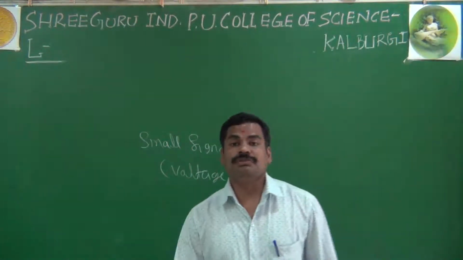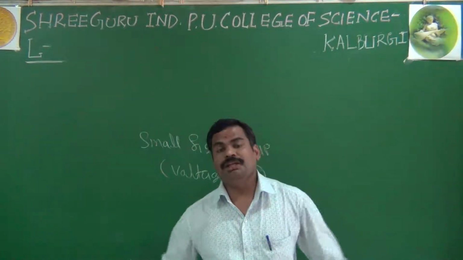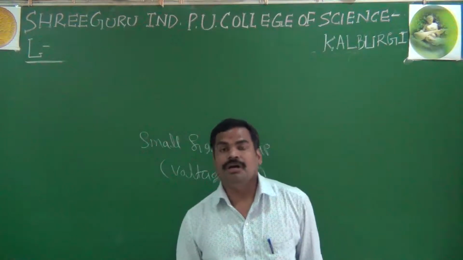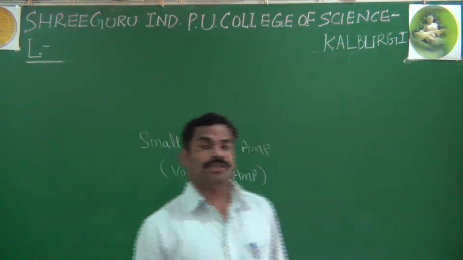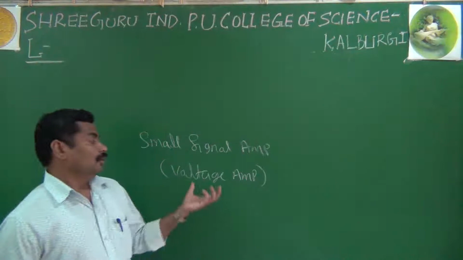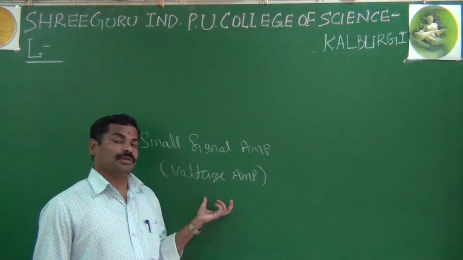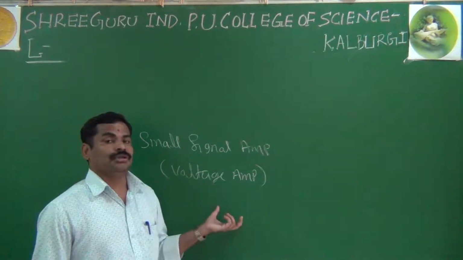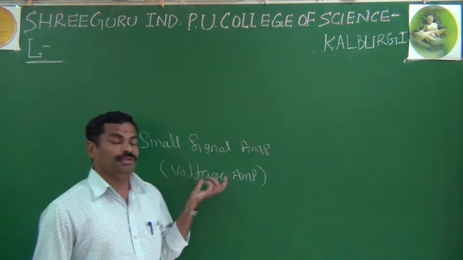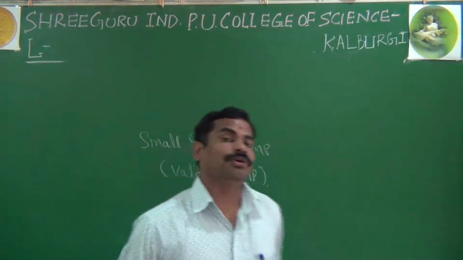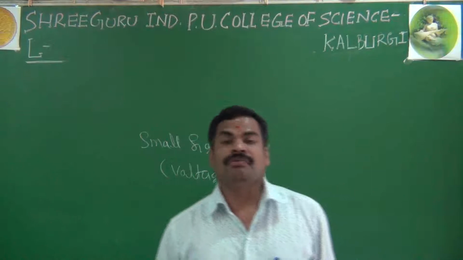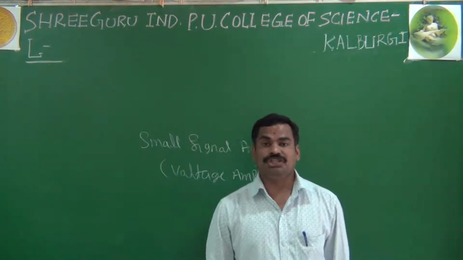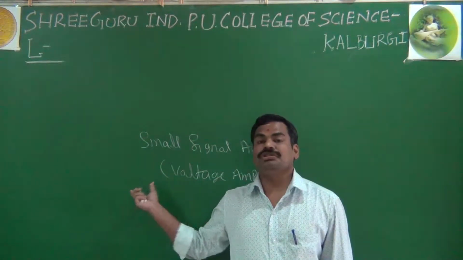The power dissipation is also very less, and the power efficiency is also very less. You use this only for voltage amplification. Whenever you want voltage amplification, you use small signal amplifiers.